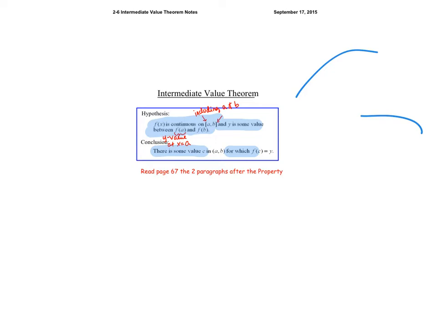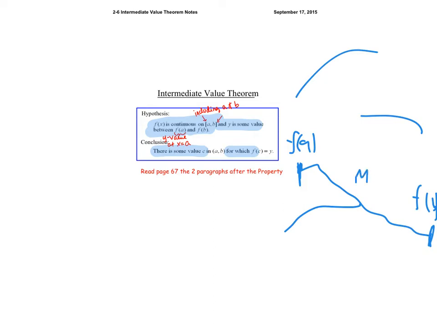And what that means is, let's say we have a function like this, right? And this is x equals a, that's x equals b, that's f of a and f of b. I can't write anything correctly. What that means is, if you have, let's say this value, let's call it Mr. S, then there has to be a number, let's say student, between a and b.